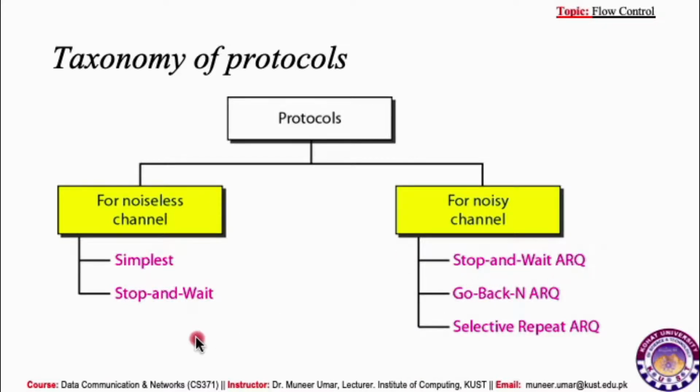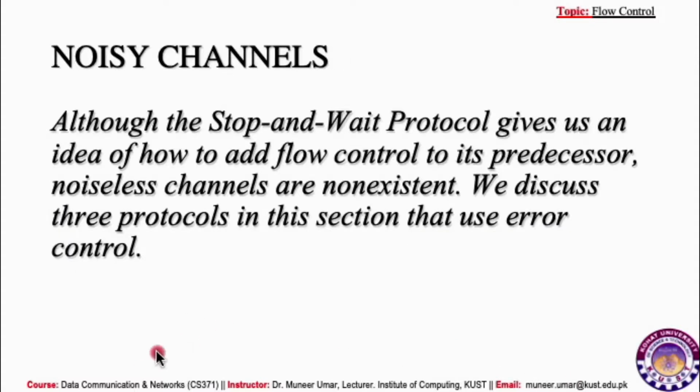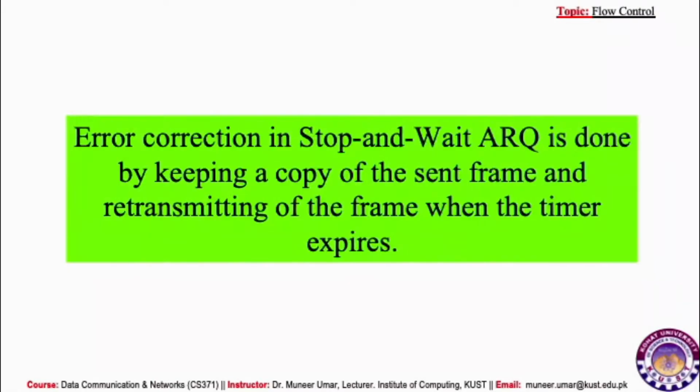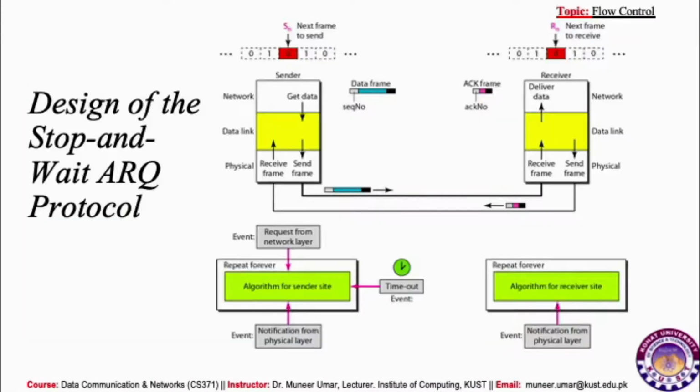We have studied stop and wait, but this one is for noiseless channel, and the stop and wait ARQ would be a bit different. Then we have go back N ARQ and selective repeat. We will study all these. So first we have noisy channels. We will study this. Then the stop and wait ARQ.